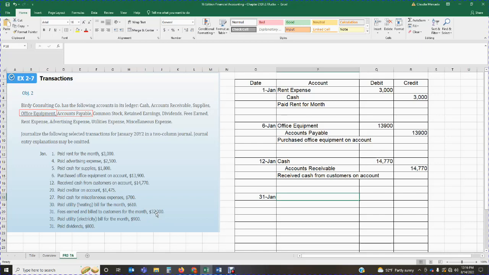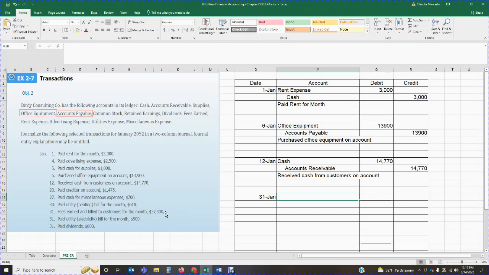So people owe us money. We provided the service, we've generated the invoices, we've billed the customers, but they still have not paid us as of January the 31st. So they owe us $37,300.